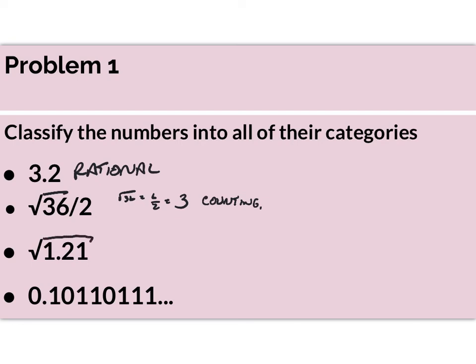Okay, the square root of 1.21 is 1.1. 121 should be recognized as a perfect square, so that's rational. And then let's see, 10, 110, and then 1110. So these numbers do not repeat, they do not end because of the 3 dots, so this is irrational.